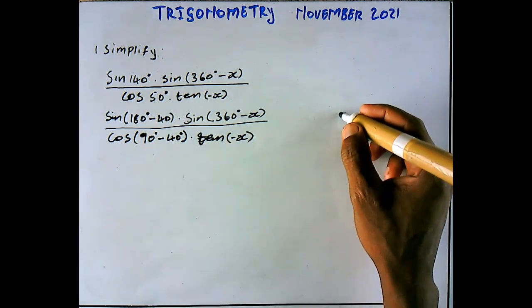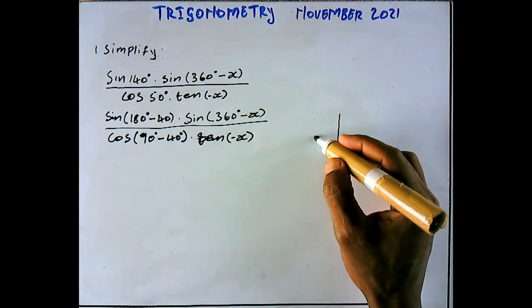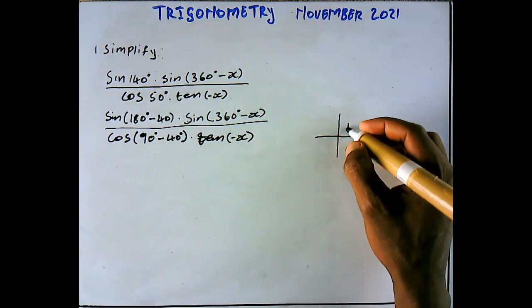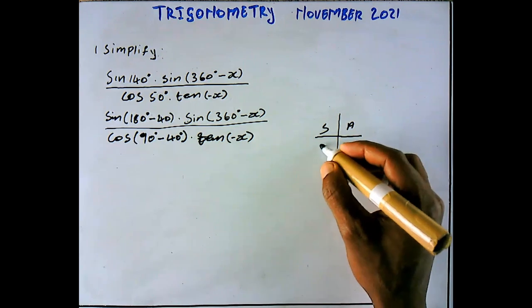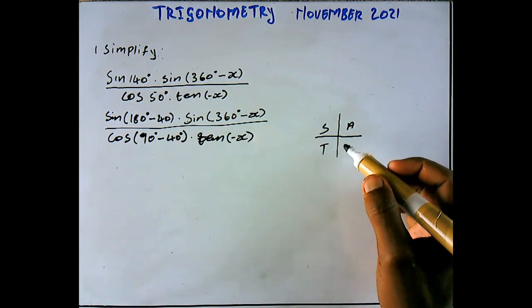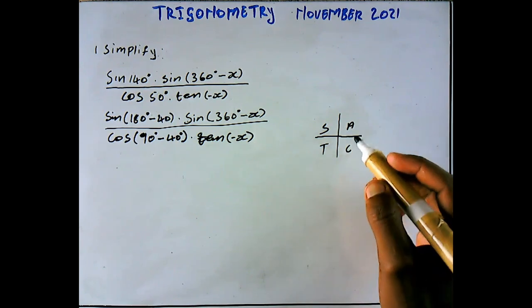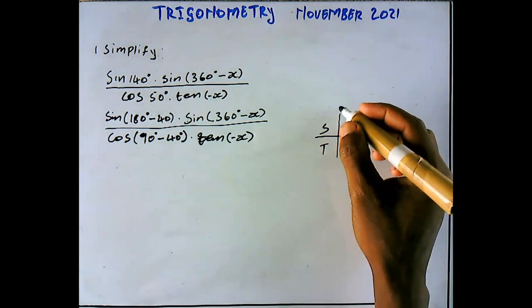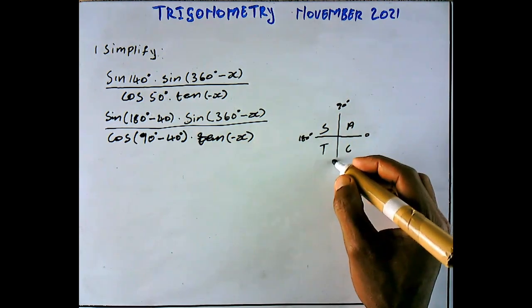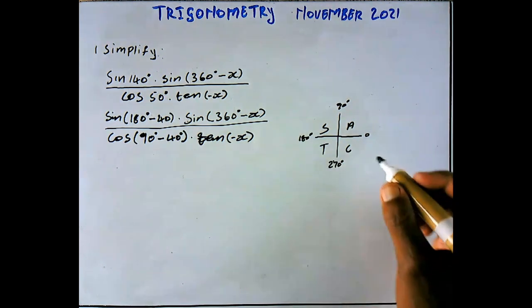So here I expanded my angles, now I have to reduce them. And to reduce them, we need the CAST sketch. CAST helps us identify the sign in a particular quadrant. Here it's 0, 90 degrees, 180 degrees, 270 degrees.